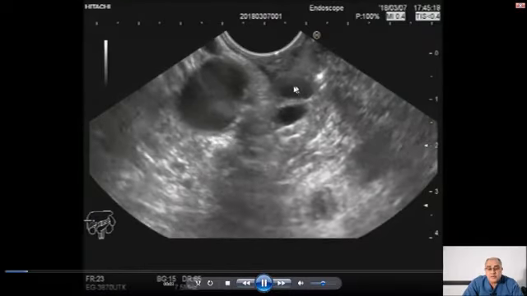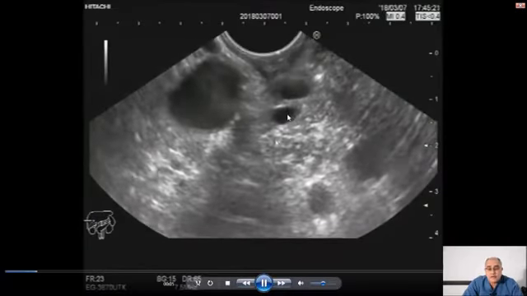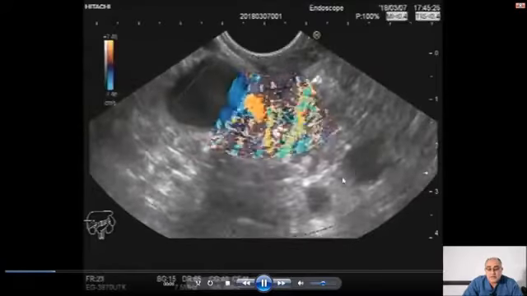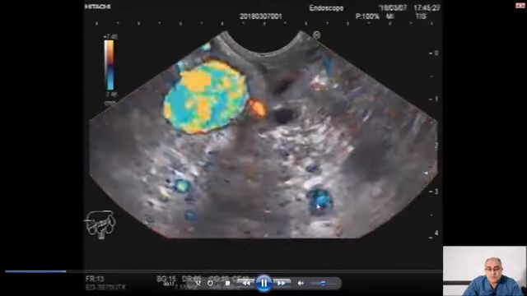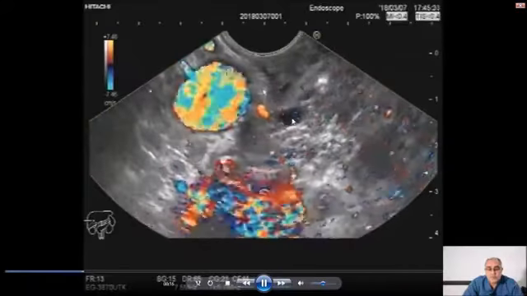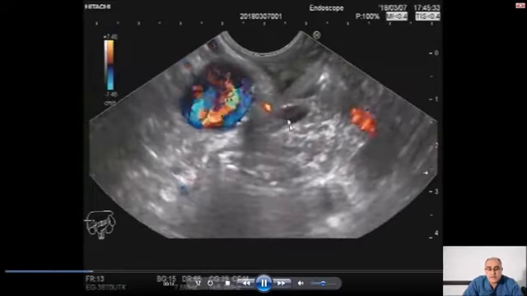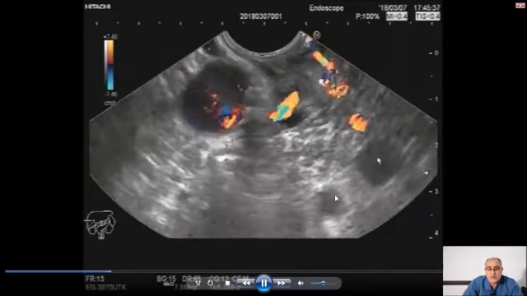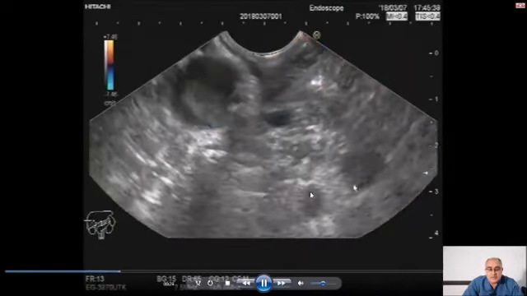And here this is the superior mesenteric vein and the superior mesenteric artery. So this is the IVC, aorta, common bile duct, pancreatic duct forming a stack sign, and this is the superior mesenteric vein and the superior mesenteric artery.